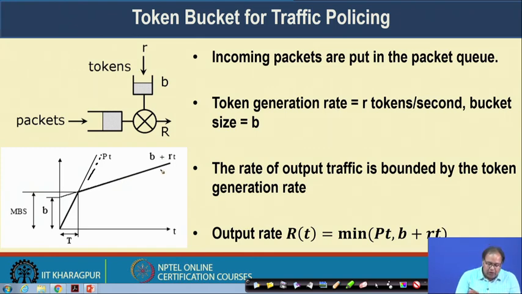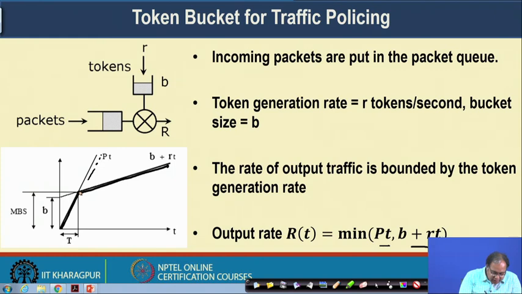Okay. So, your output rate will be the minimum of PT and B plus RT. When your incoming packet rate is less than B plus RT, you can use that. Whenever it overshoots B plus RT at this cross section, then you send the data at a rate of B plus RT. So, that actually gives you the output rate.